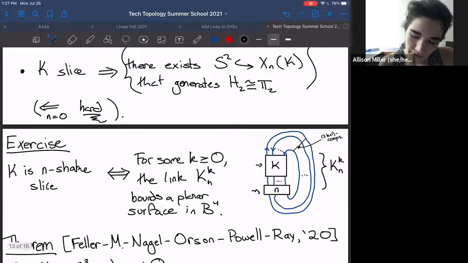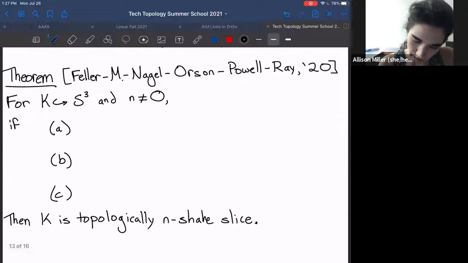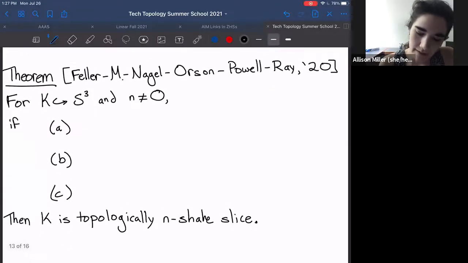But the result I want to talk about today, which is joint work with Peter Feller, Matthias Nagel, Patrick Orson, Mark Powell, and Arunima Ray, is really in the topological category and certainly very, very false in the smooth category.